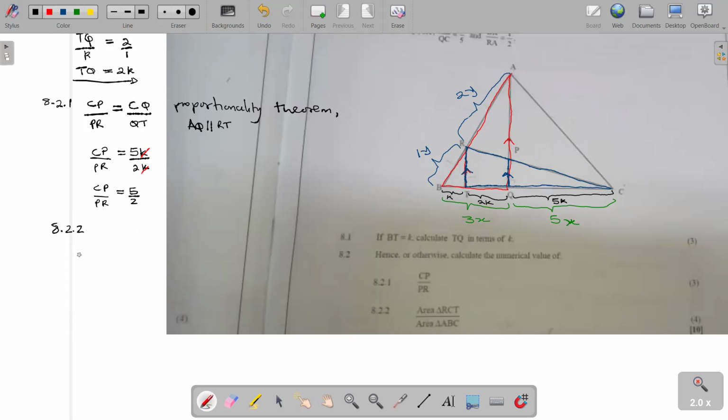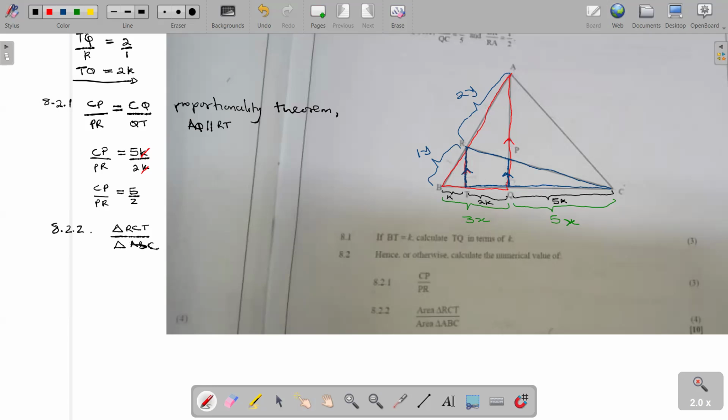Then we go to 8.2.2. It's saying determine the ratio of area of triangle RCT divided by area of triangle ABC.